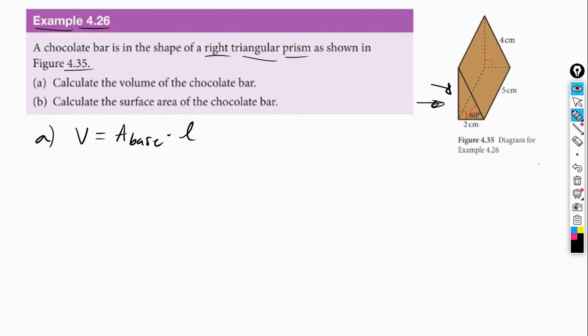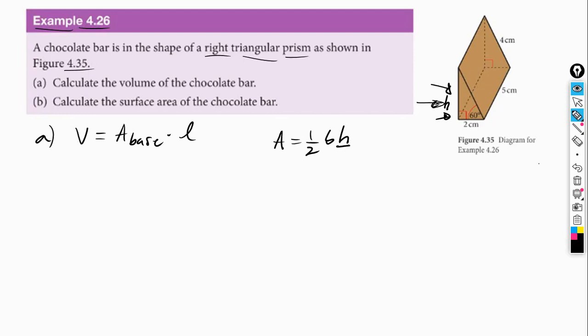Now since the area of a triangle is equal to 1/2 base times height, we don't have the height. So we need to find this height h. But notice that this here is a right angled triangle, and we have that this angle is 60 degrees. So we can use trigonometry in order to find the height. So we have to find the opposite and we have the adjacent.